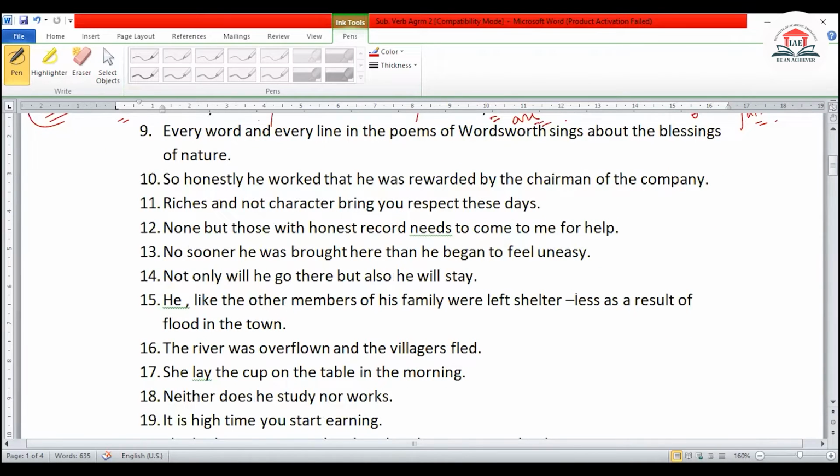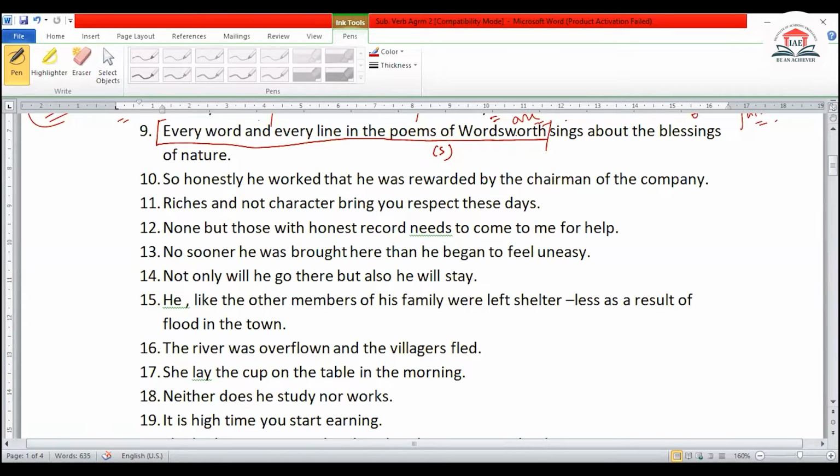Every word and every line in the poems of Wordsworth sings about the blessings of nature. Subject, again, come to the subject. This is the subject. Every word and every line in the poems of Wordsworth, and that's it.